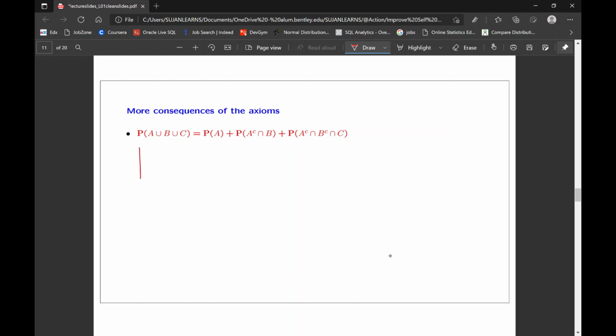Let's say we have sample space and we have our A, B and C. Now we have to say something about union of A, B and C and its probability. We'll express union of A, B, C into three pieces. First is A itself.